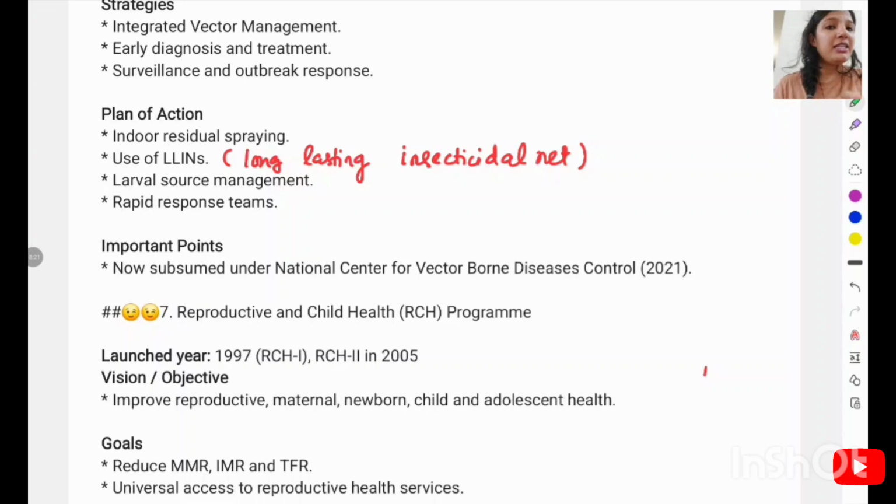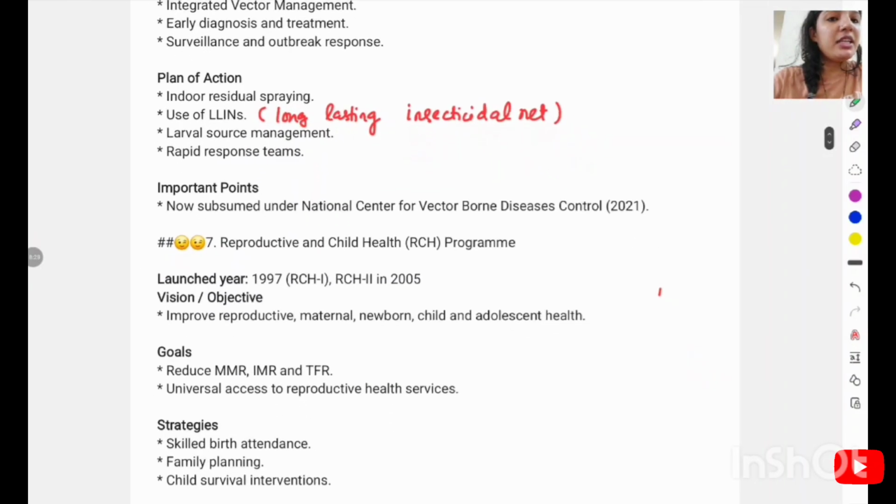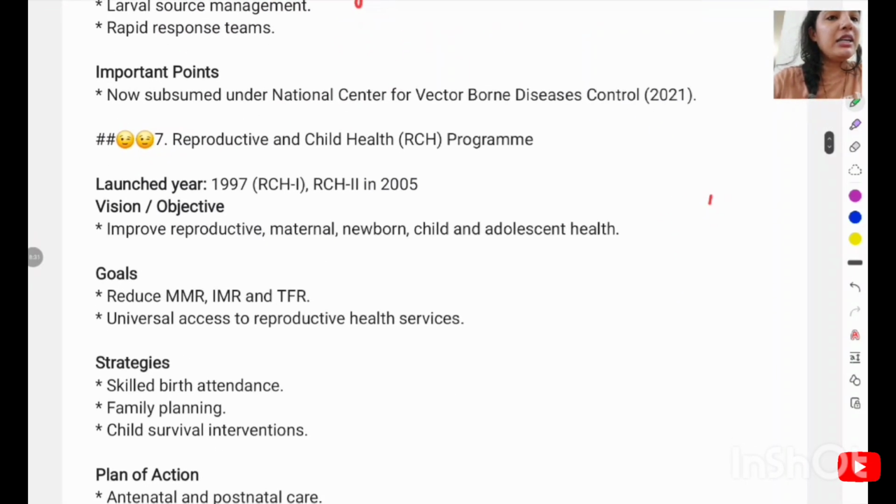If we manage that, then we can prevent mosquito breeding. Then rapid response team. Important point: it is now submerged under the National Center for Vector-Borne Disease Control, 2021.